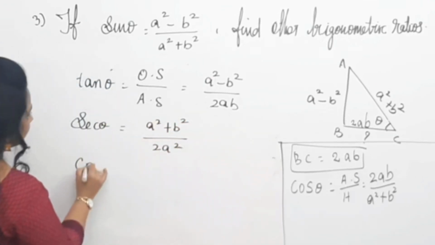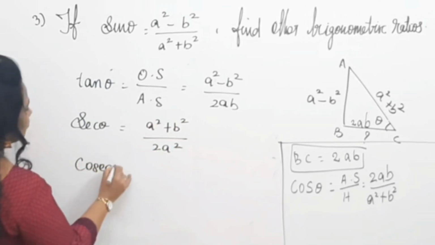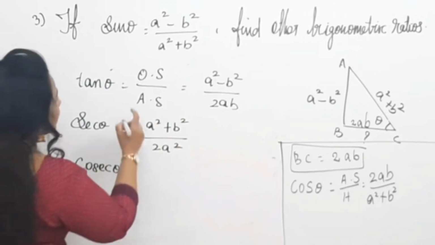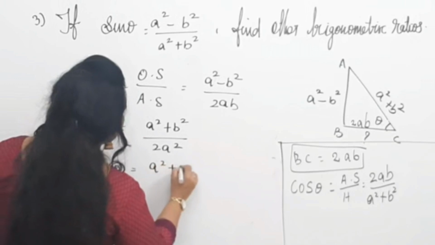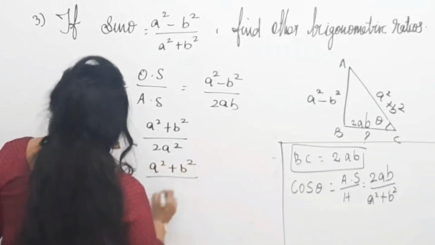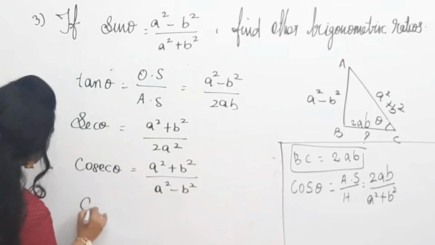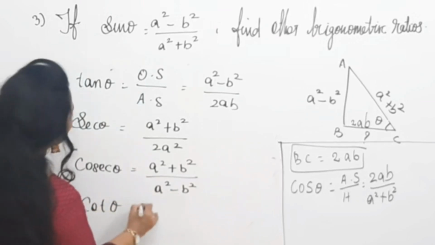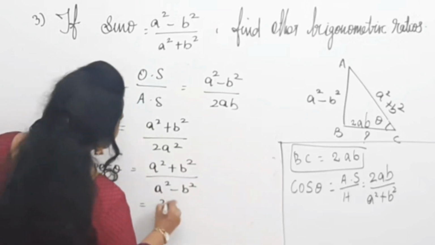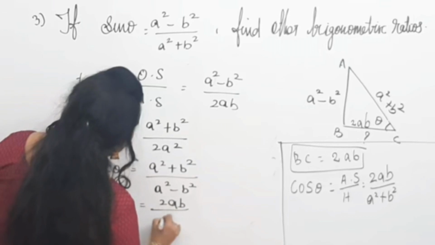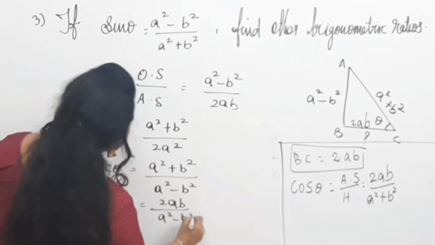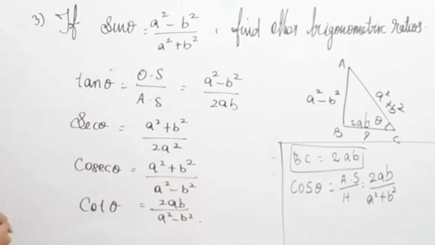Then cosec theta is equal to 1 by sine theta, which is already given: a square plus b square divided by a square minus b square. And the last one is cot theta, 1 by tan theta, that is 2ab divided by a square minus b square. So I got all my ratios.